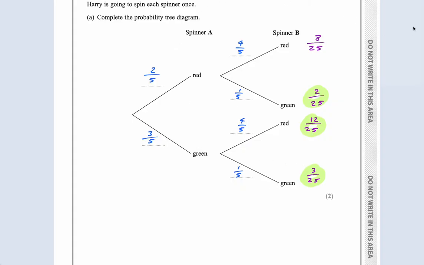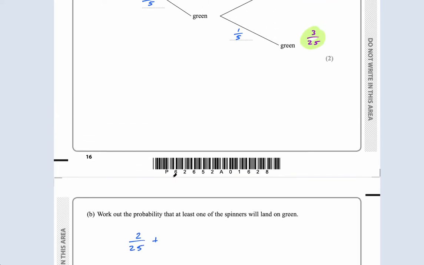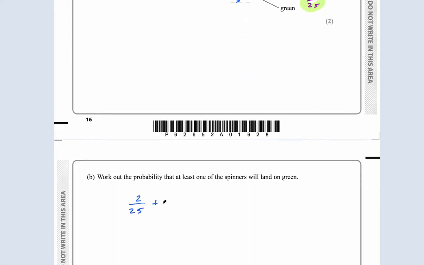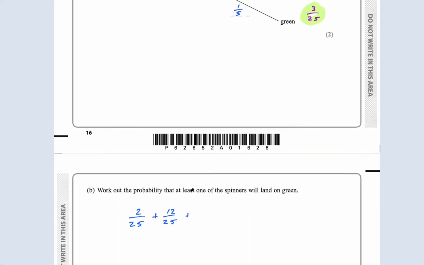So for part B, it's just going to be this plus this plus this. So I'm going to write 2 over 25 plus 12 over 25 plus 3 over 25, which equals 14 plus 3 is 17 over 25.